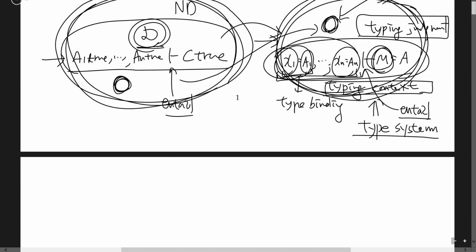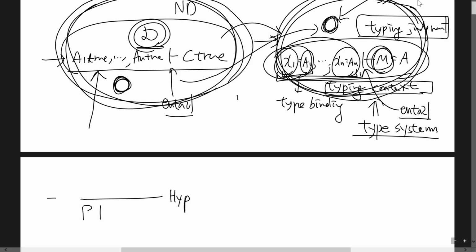So first, from this system, we have this inference rule, hypothesis rule. So under gamma we have A true if A true is one of the hypotheses.